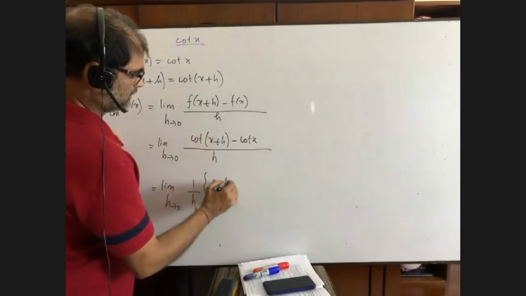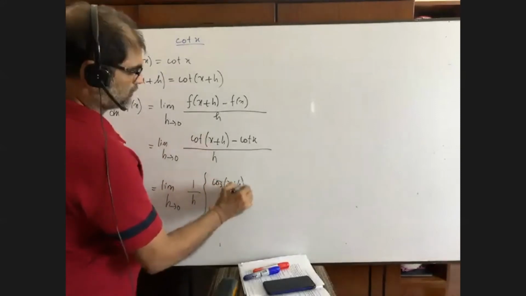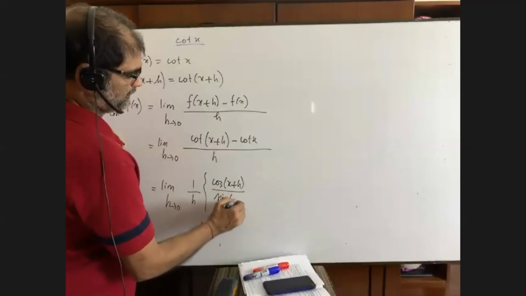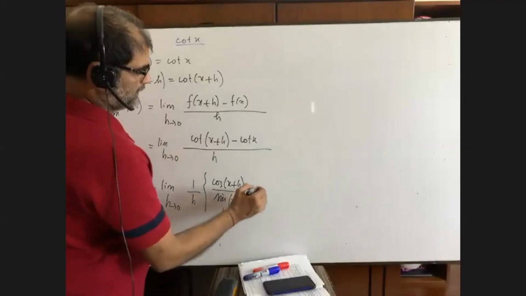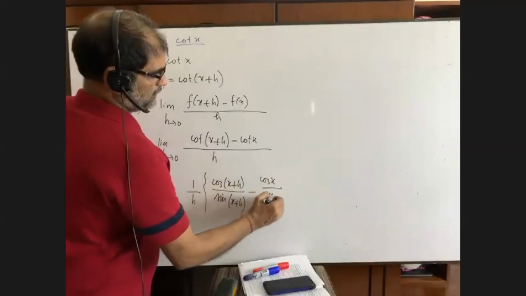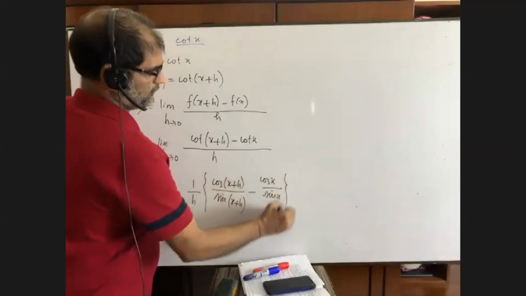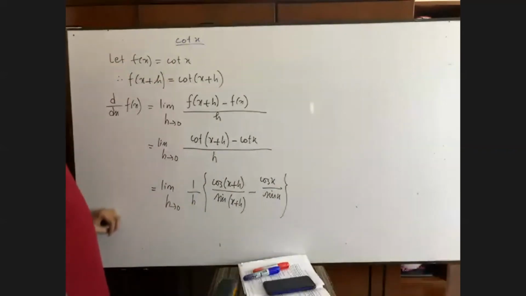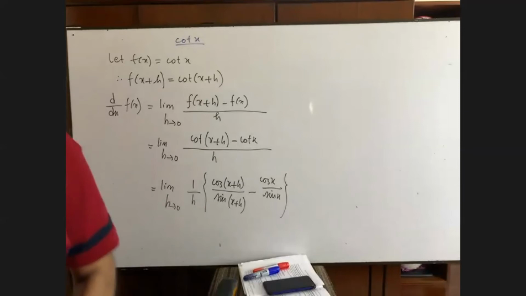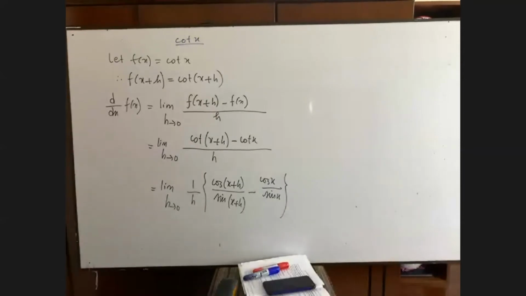Cos by sine, so cos of (x plus h) by sine of (x plus h) minus cos x by sin x. Very easy and simple calculation. Now carry on.